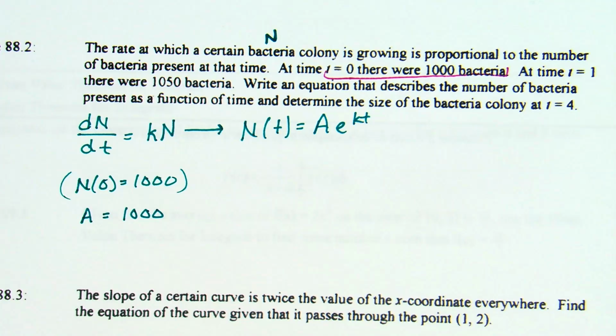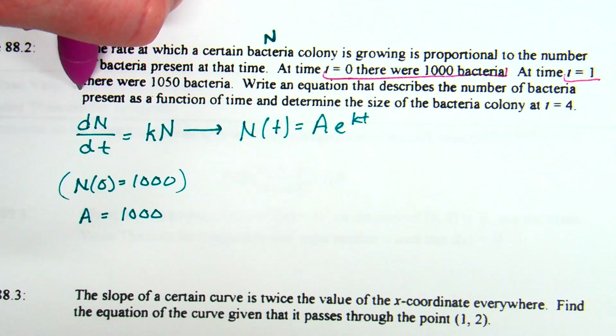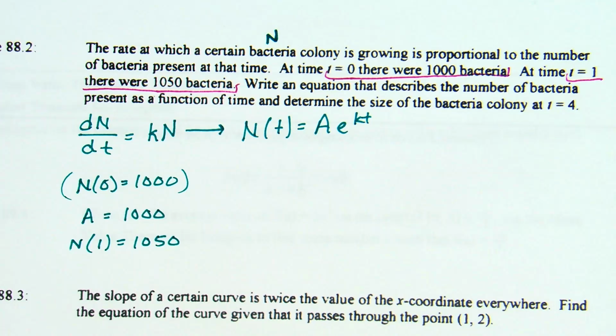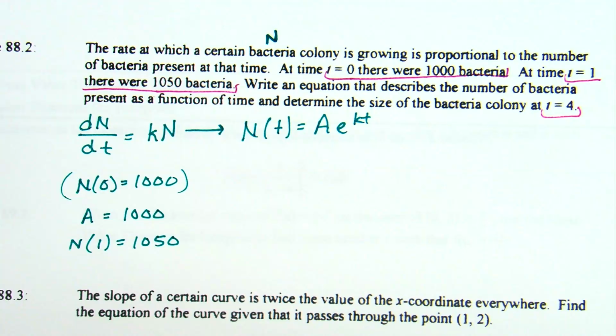And then we also know that at time 1, there's 1,050 bacteria. So N of 1 is 1,050. And what are they asking us to find? Our goal here is to find N of 4.